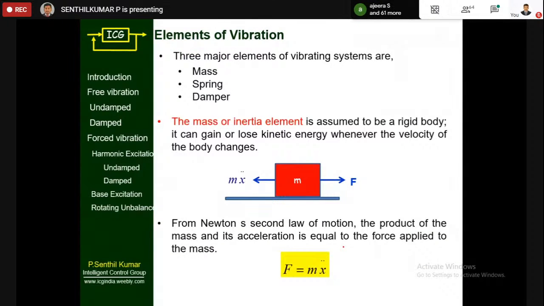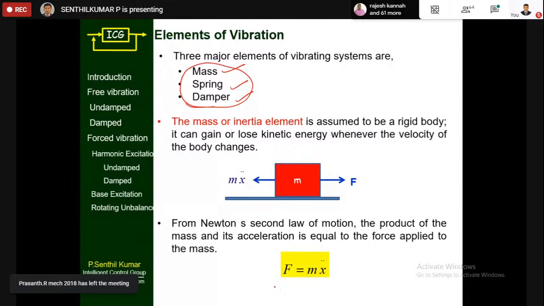Then what are the elements of vibration? Can I do vibration analysis for an electrical circuit? Can I do it for a mic? No need. When it comes to vibration, 3 parts are important: mass, spring, damper.